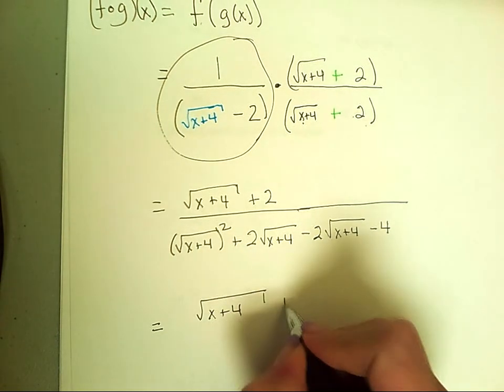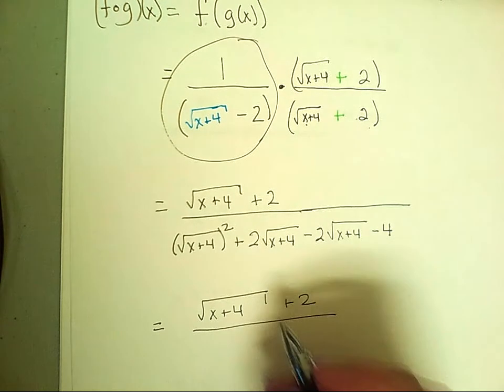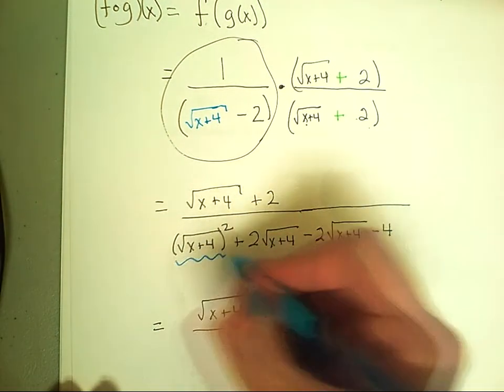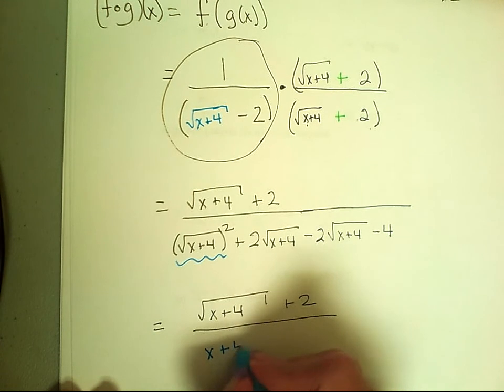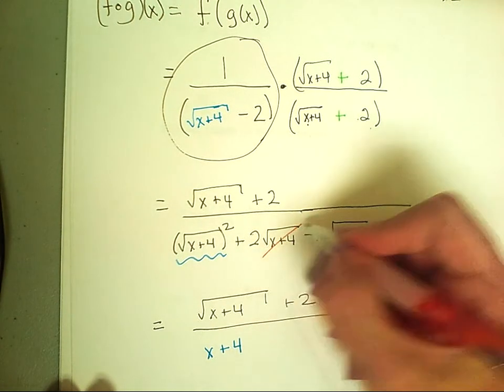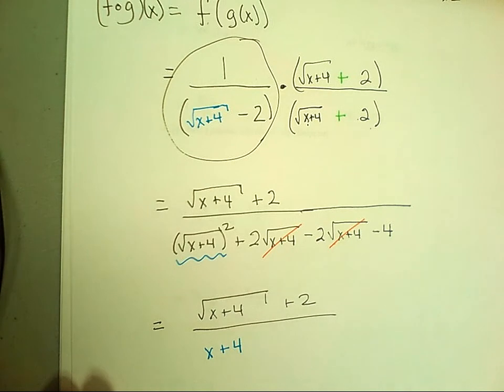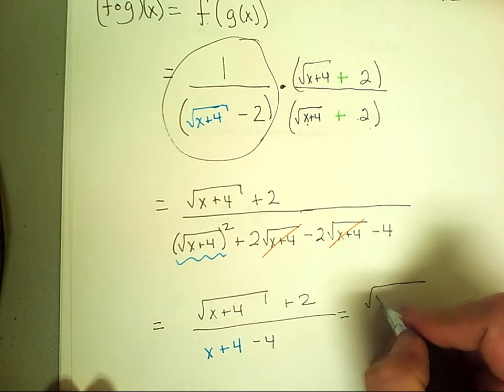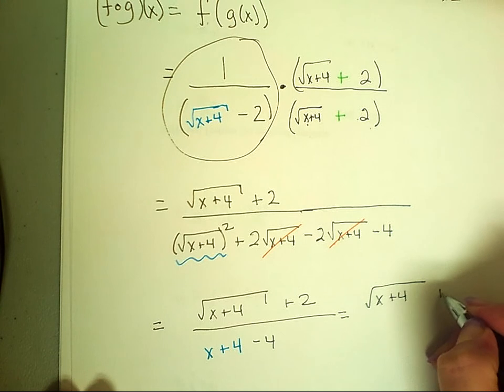So from here, the numerator will stay the square root of x plus 4 plus 2 over. Now the square root of x plus 4 squared is just x plus 4. This will cancel with this, and we have just minus 4.